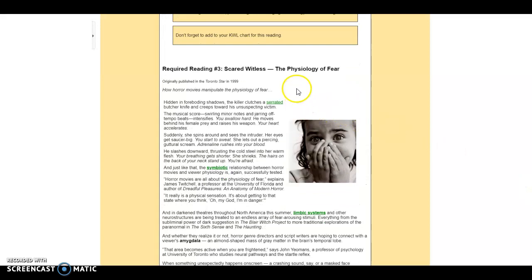Third, you're going to read an article called The Physiology of Fear, Scared Witless, and it's going to try to explain how our body physically reacts to fear. So those are three different articles, again, focusing on why we like to be afraid.